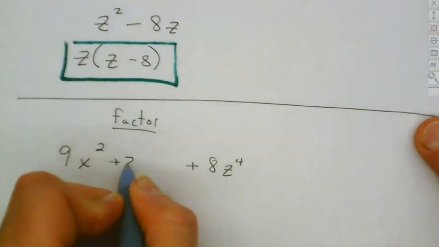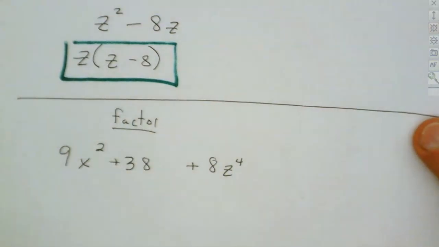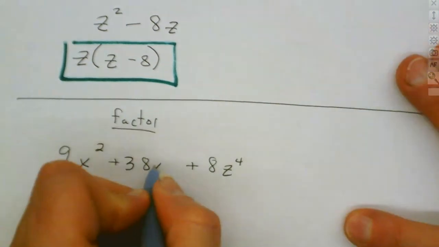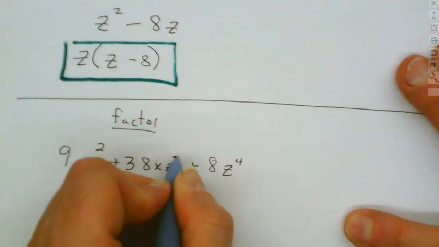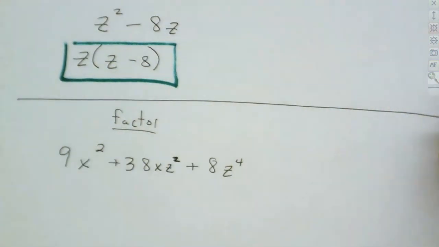So let's say plus 38, because we have 9 times 8, that's 72. So you have 38, and we'll use 38 in the middle. How about xz squared? Okay, so we're going to try to factor this one.